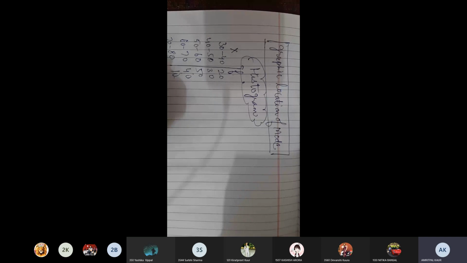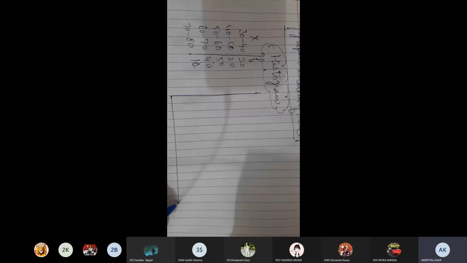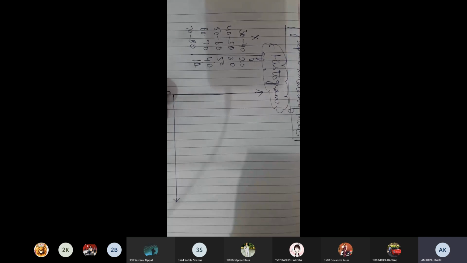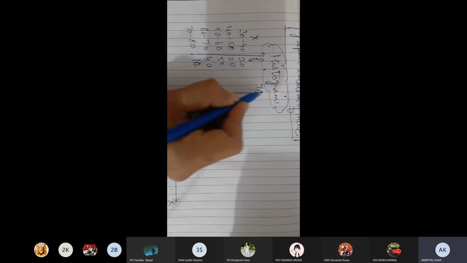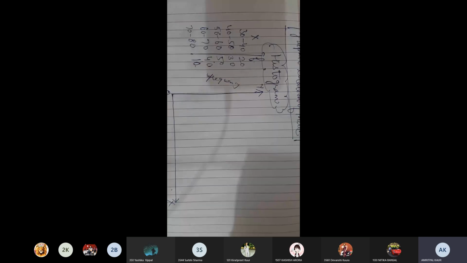So what we will do, first of all, we will draw the histogram. On this side we will write the values of X, and on this side the values of frequency.